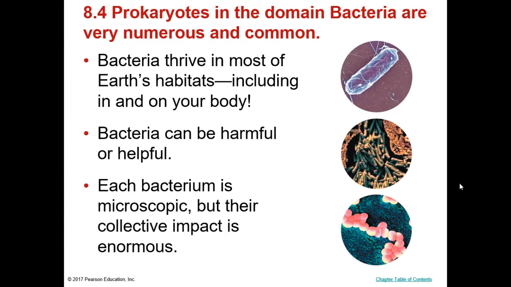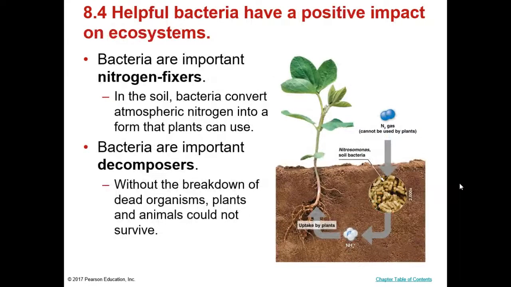But if you analyze bacteria in the mouth, you're going to find many different species of bacteria. On our skin, we have a lot of bacteria as well, and they're beneficial for the most part, but sometimes they can become infectious and cause infections and disease. Those bacteria that cause disease are known as pathogens.